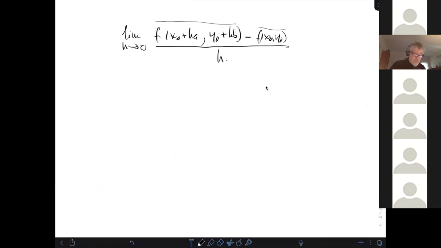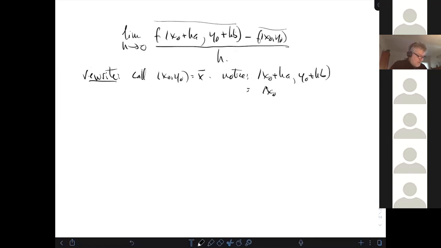By the way, what you're looking at is exactly the definition of the directional derivative in two variables. But I'm going to rewrite it as follows. It's a bit cleaner. I'm going to call the point x0, y0, or x bar. Notice that x0 plus ha, y0 plus hb is x0, y0 plus h times (a, b).